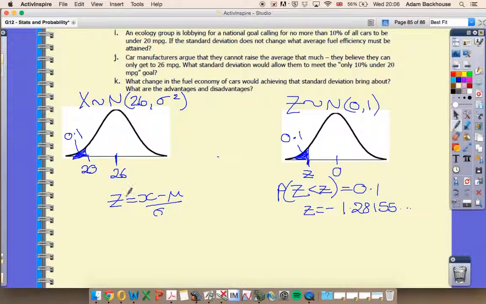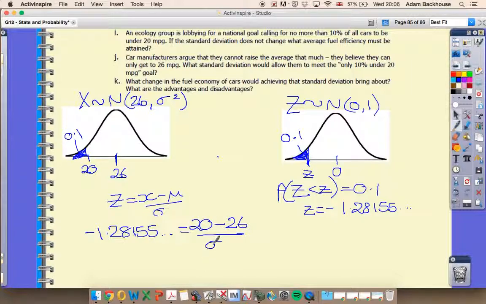So now I can use this original Z score from before with my new mean to calculate what our standard deviation has to change to. So that's my Z score. X is 20. We now have mu as 26, and we're looking for sigma.